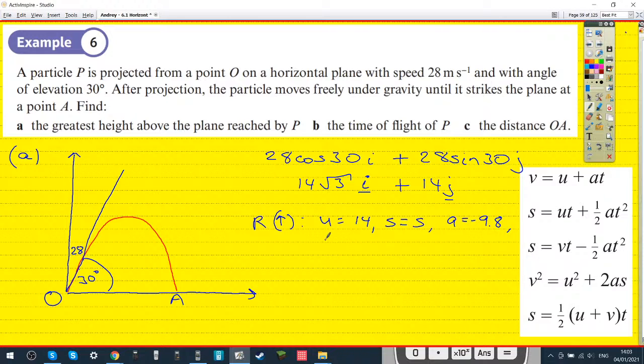Yep. Is V 28? No. What's the speed of the ball? What's the vertical component of the speed of the particle at its greatest height?